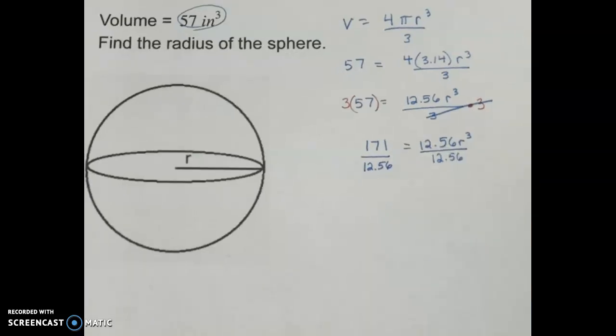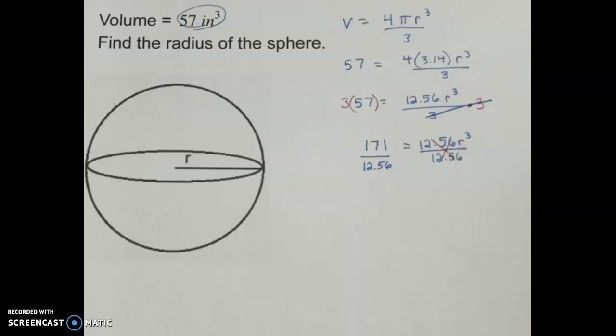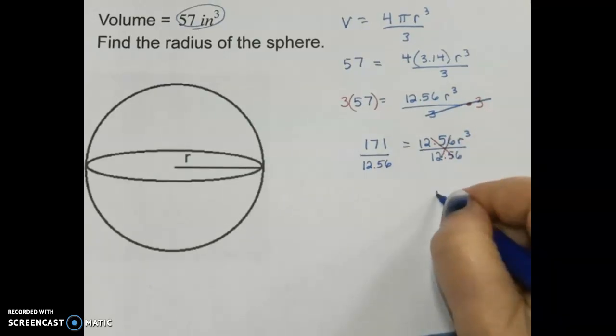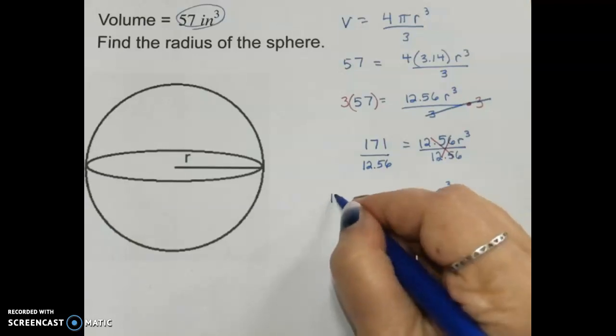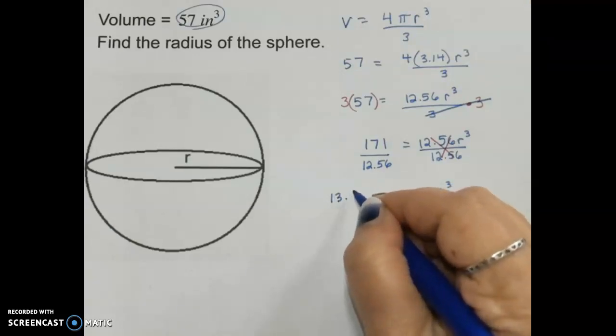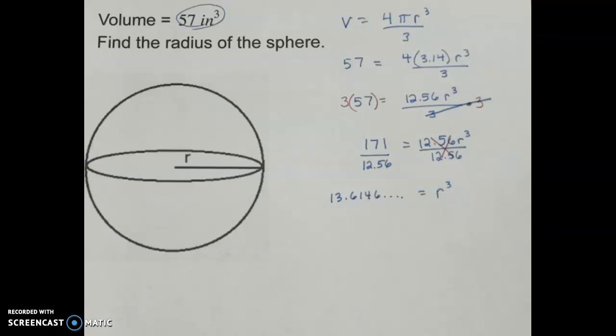That's going to eliminate my inverse operation here, and that means that r cubed will be isolated. Now, when I take 171 divided by 12.56, I'm going to end up with 13.6146, and so on.